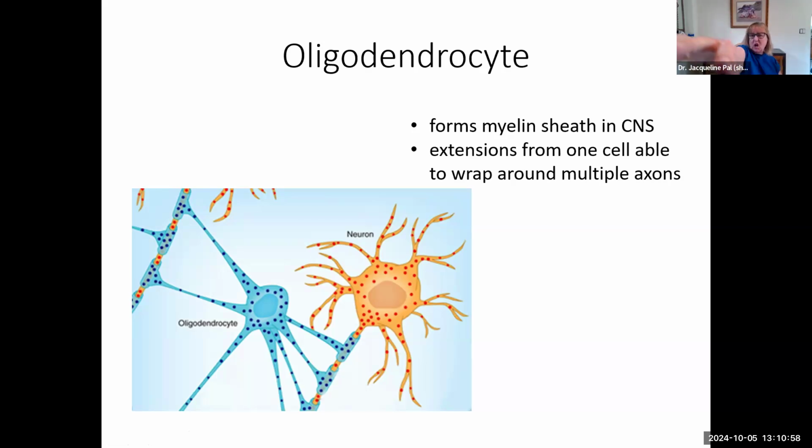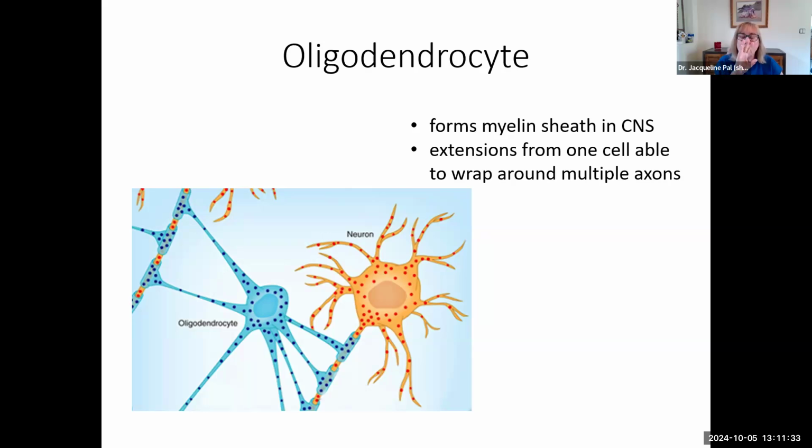It basically sticks an arm out and finds a neuron and then wraps it around that neuron. And then a different arm will go out and wrap around the axon of another neuron. So these extensions are able to wrap around multiple neurons, half a dozen or so. And so all of these different extensions from multiple oligodendrocytes will be forming the myelin sheaths on the axons in the central nervous system.